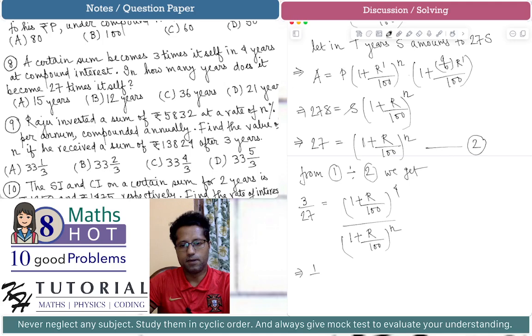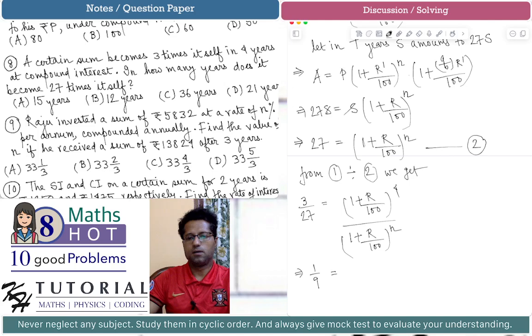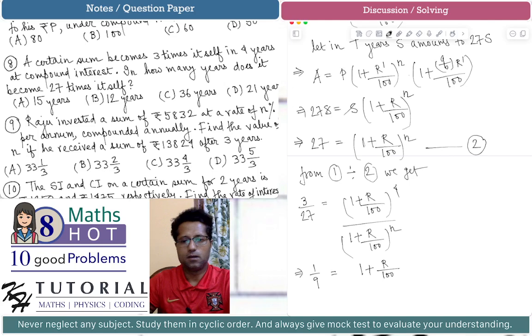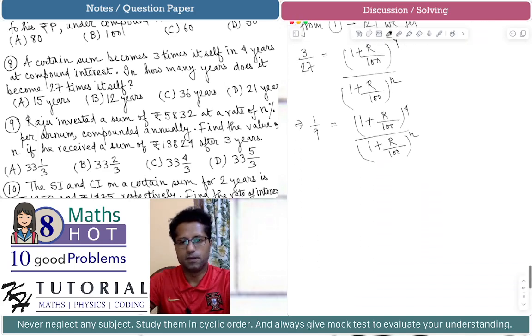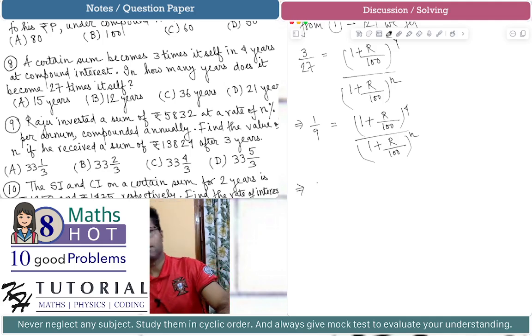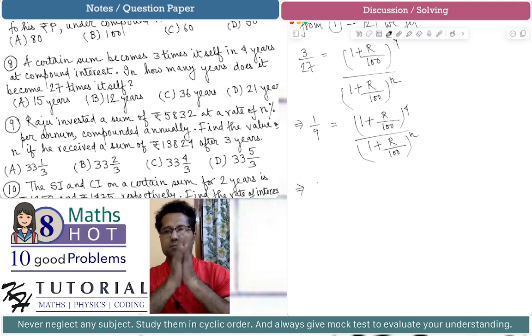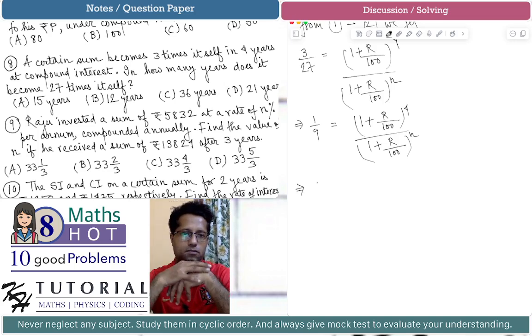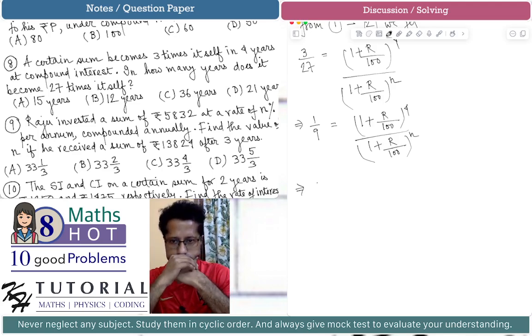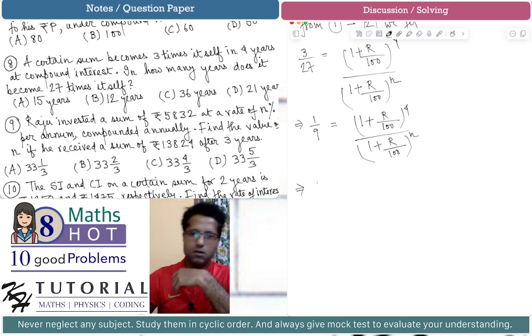This implies 1 by 9 is equal to (1 + r/100)^4 divided by (1 + r/100)^n.